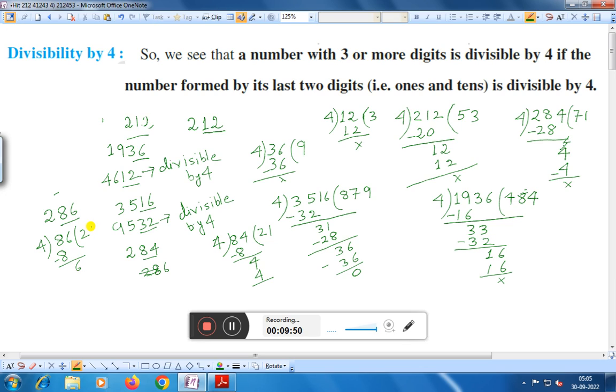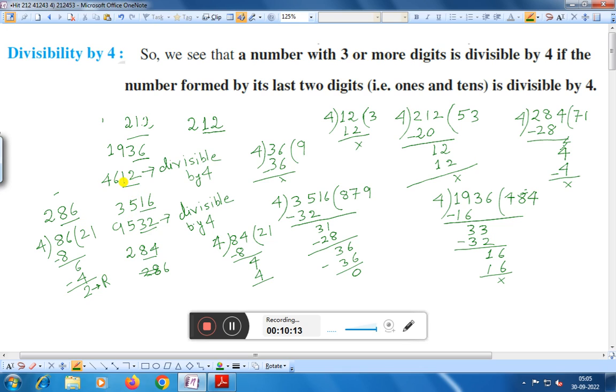If we subtract, we get 6. 4 ones are 4. 2 is the remainder. That means 86 is not divisible by 4, therefore 286 is also not divisible by 4.